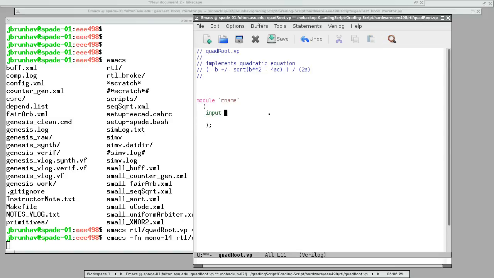Good. So we're going to make this combinatorial. Let's keep it simple. We'll just call the inputs A, B, C to match what we're expecting.